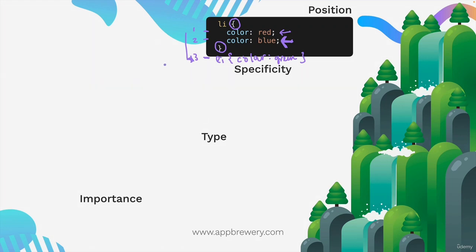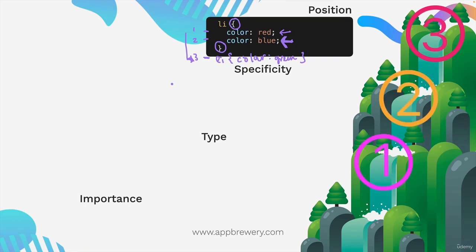The lower down in a CSS external file or in an internal style element, the more important it is. If we're looking at this cascade, a rule that gets applied here will then be replaced by a rule that gets applied here and finally here. So the lower down the file the rule is, the more important it is.